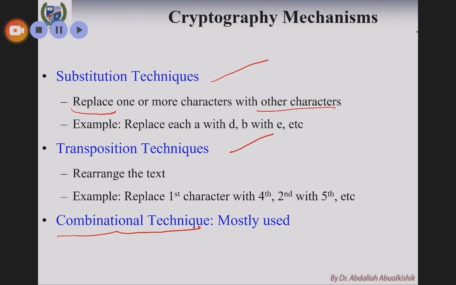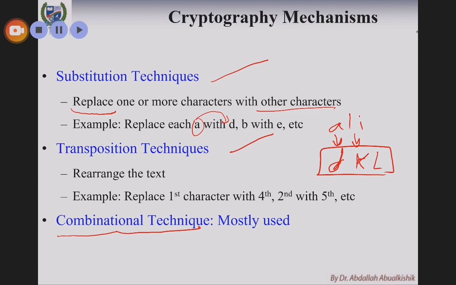As an example, I could replace A with D. So if I have a word like Ali, the A will become D, and the L will become another letter, and then I have unreadable text, which is D K L.